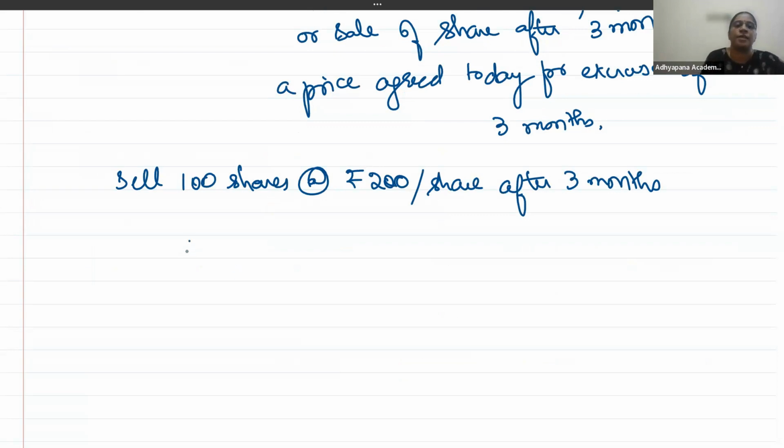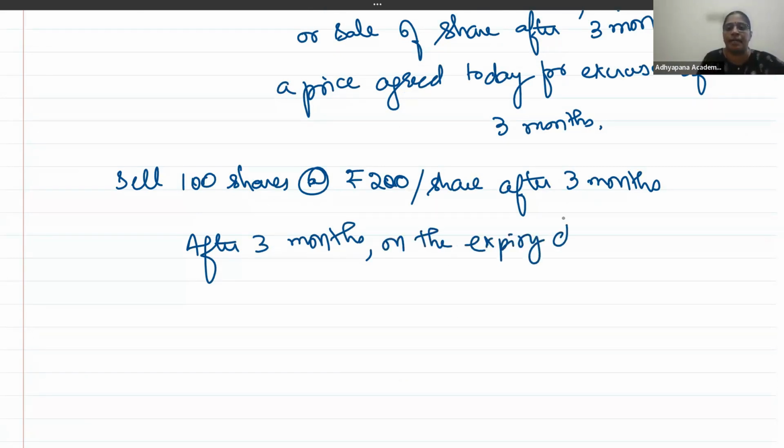But after 3 months, on the exercise date or the expiry date, when the market price is 220 per share, the contract will be exercised, because by exercising the contract, the buyer is saving 20 rupees. Correct?